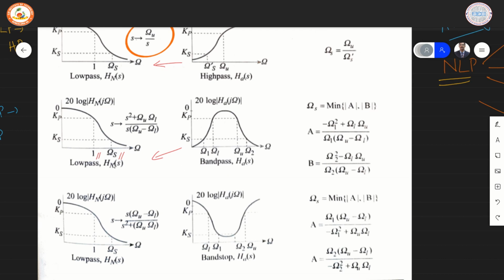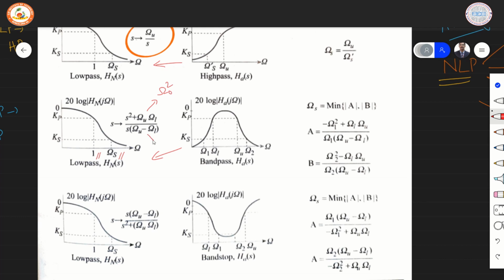Now, to convert from the normalized low pass to the band pass, we use the transforming equation, with S being replaced with (S square plus omega U times omega L) divided by S into (omega U minus omega L). In this equation, we can identify that the term here is called omega naught square, where omega naught is called the center frequency.